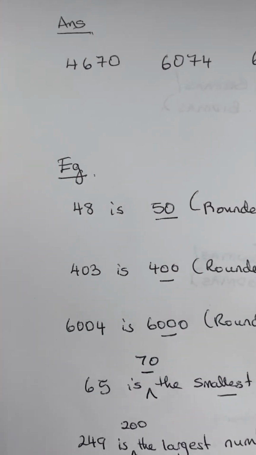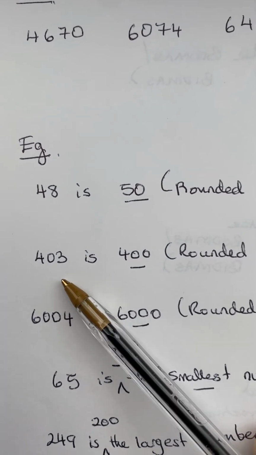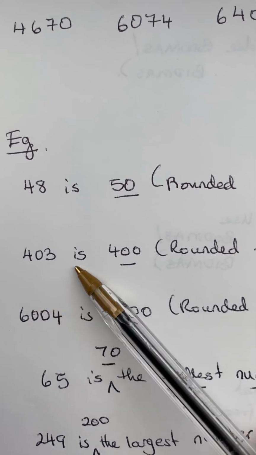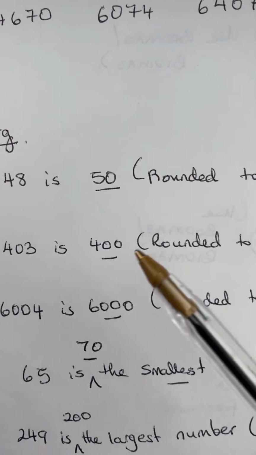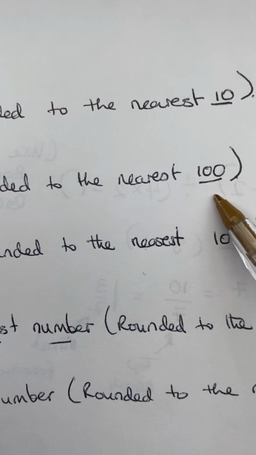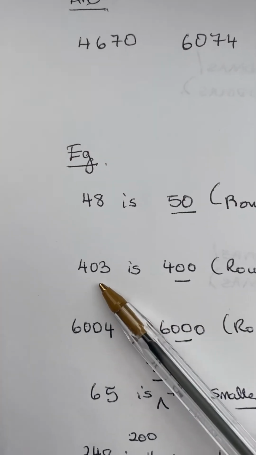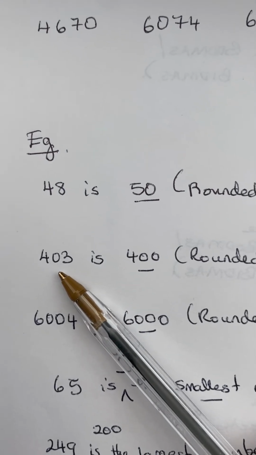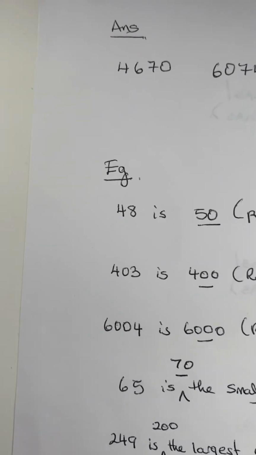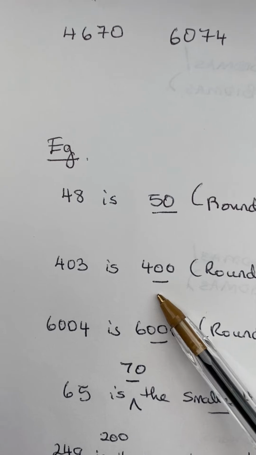Okay, the second one here, 403 or 404 or 401, is 400 rounded to the nearest 100. So if they ask me to round 403 to the nearest 100, then my answer will be 400.